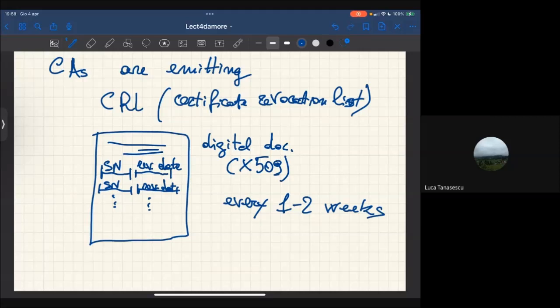Because in many cases, attackers manage to use a revoked certificate for deceiving you and letting you believe something that is not true, for spreading fake information. And for giving more details about that, we need to spend a few more words about this check, about revocation, and about the use of digital certificates.